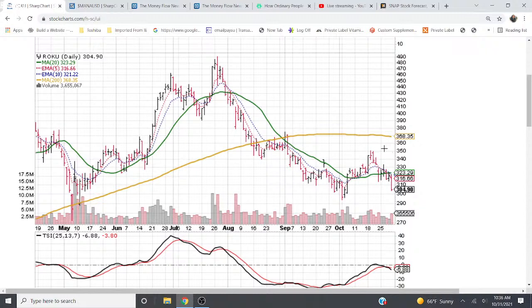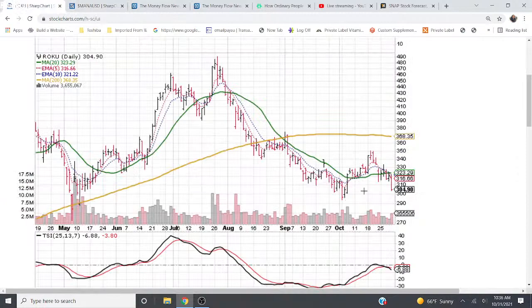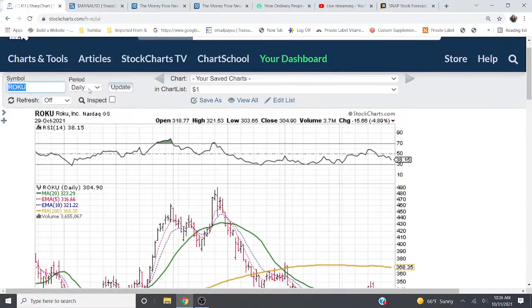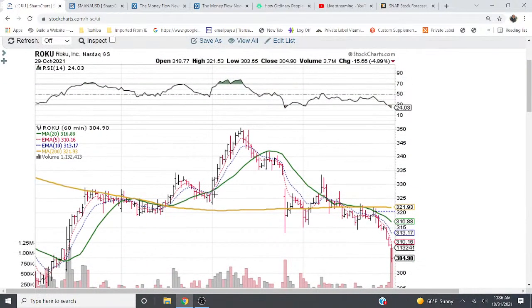So for me, everything happens on a daily chart because that's what I'm tracking. But even if you're day trading, you know, the money flows fractal. So you can run it on a 1 hour. I mean, you could take it down to a 1 hour chart and the patterns are the same. You're still looking for the same thing. That's a stage 4 decline on there, right? And there's your breakout. It ran up.